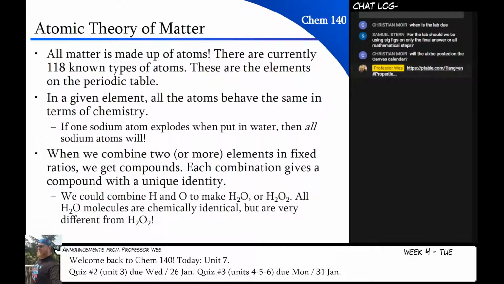All hydrogen peroxide molecules behave the same. But water and hydrogen peroxide are different from each other. One of those is refreshing. The other one will kill you if you drink too much of it. In fact, H2O2 is super, super reactive, but it will cause chemical burns, obviously, if you expose yourself to a high concentration.